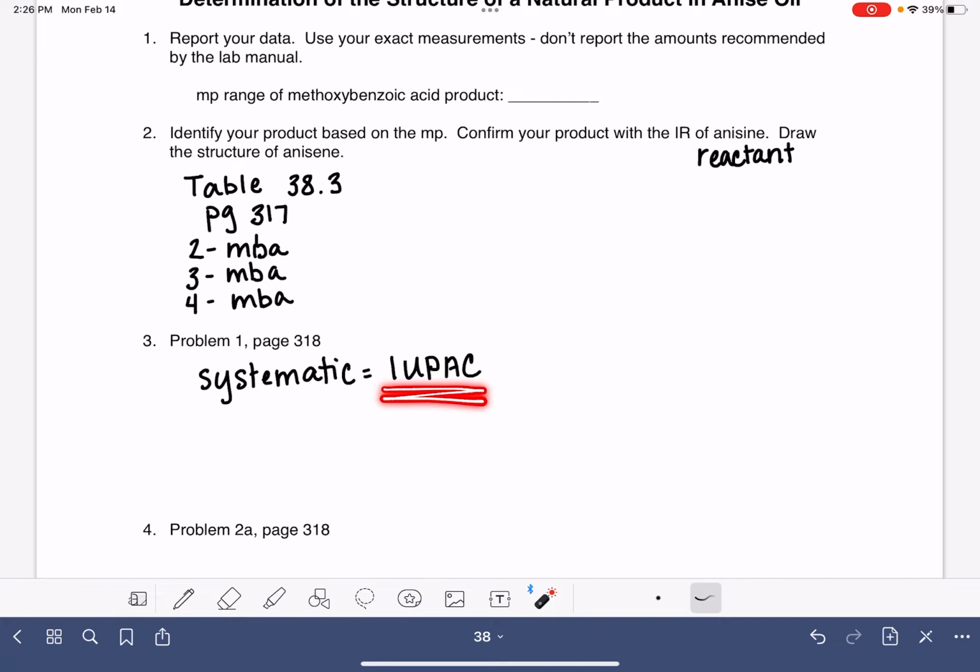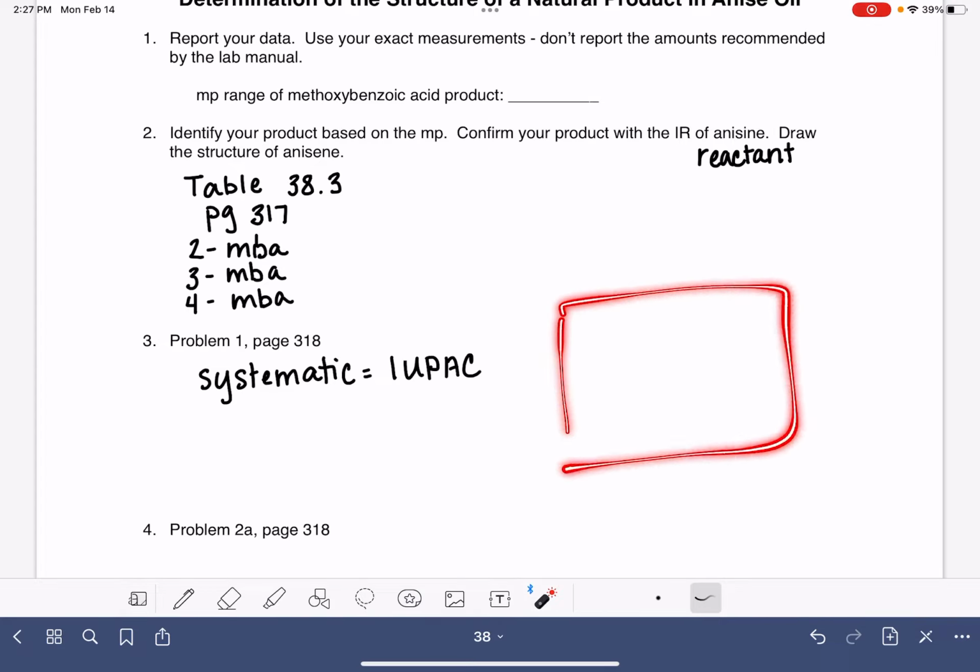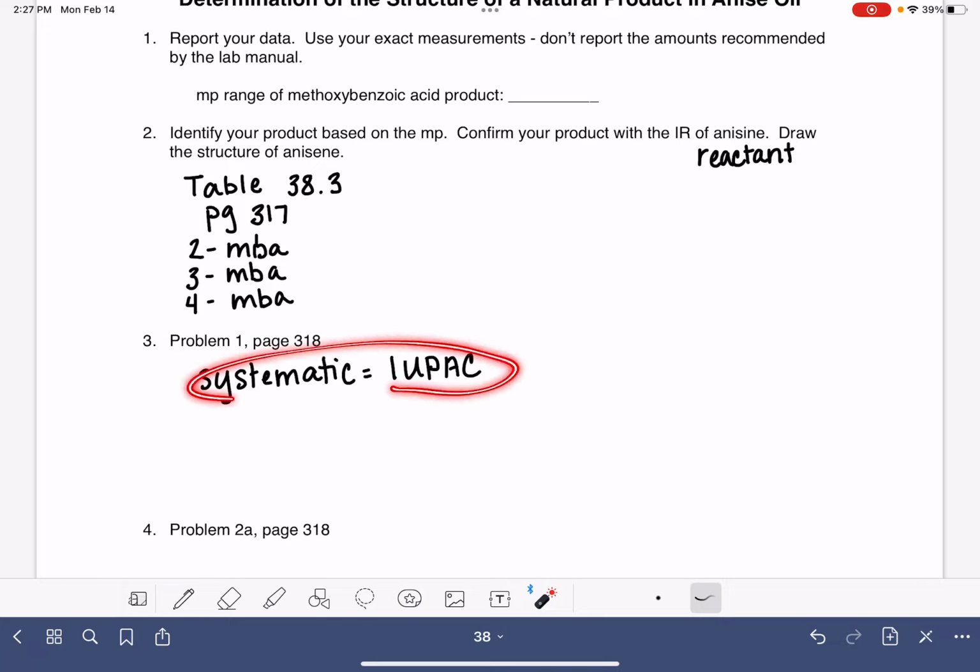It gives a lot of different names. When you're looking on the Wikipedia page for a molecule, there's a whole bar of information on the right-hand side. It's got a lot of names in there, so you might find the IUPAC name on Wikipedia. Your lab textbook suggests using the Merck Index, which is a printed book, which I'm sure you don't have at home. There's a ton of resources online.